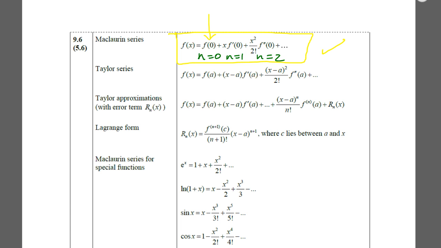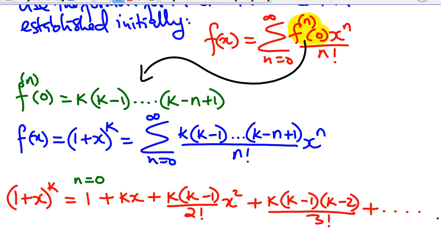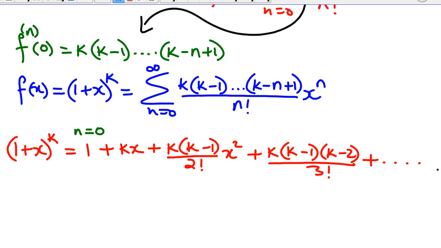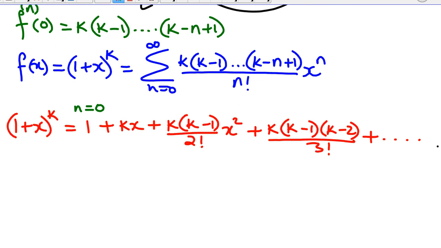When n is equal to 0, what you're basically finding is f0, which happens to be 1 in our case here. But now when n is equal to 1, in our formula, we are going to stop at k. And that's why I stopped at k here, when n is equal to 1.